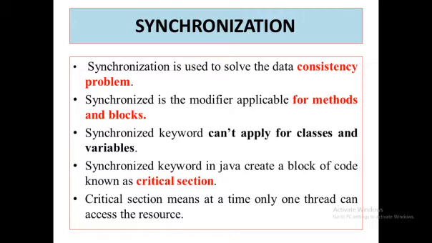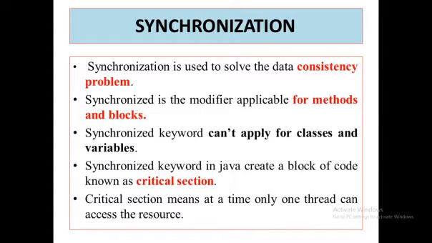That area or block of code we call a critical section. So when we create a critical section, at a time only one thread can access the resource.